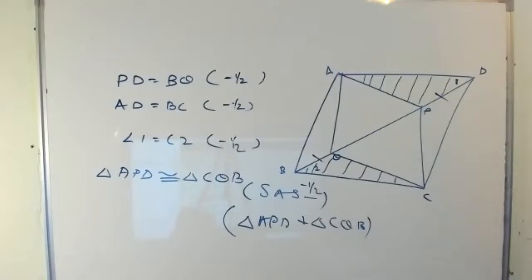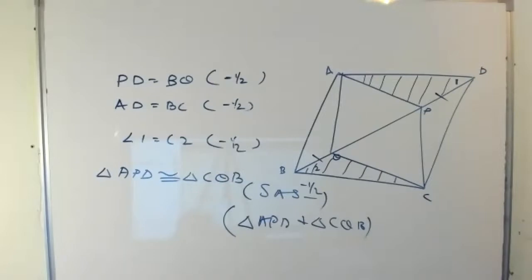Vishal, can you read from your note? In triangle APD and triangle CQB, PD is equal to BQ given. AD is equal to BC, opposite sides of a parallelogram.